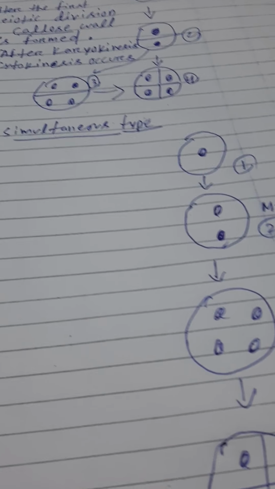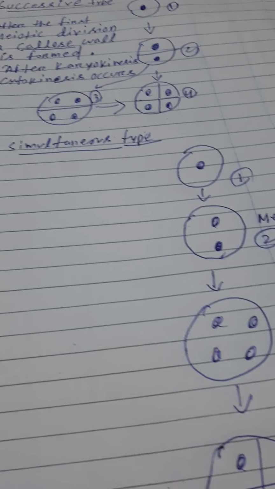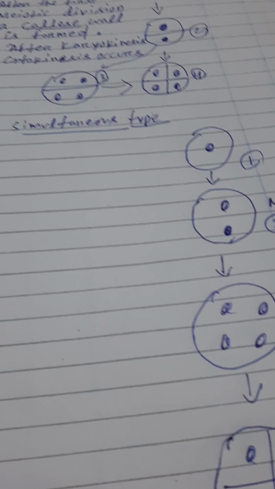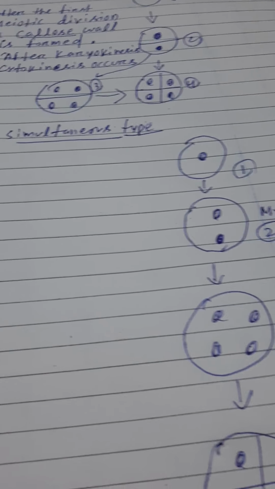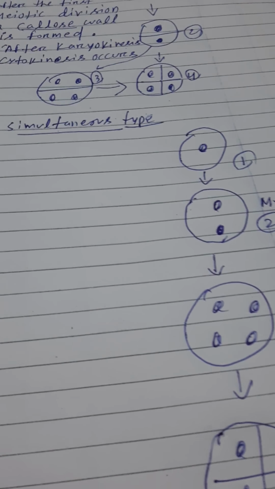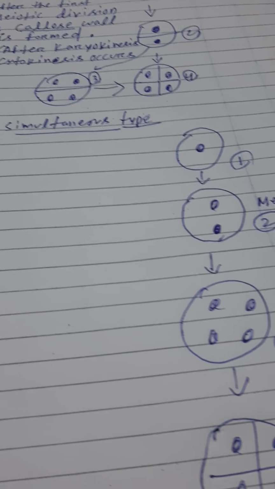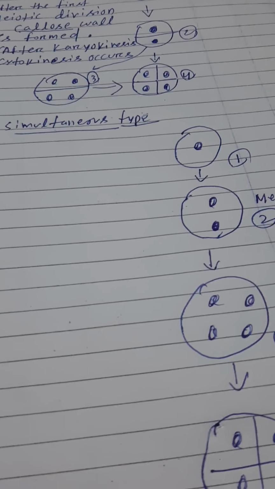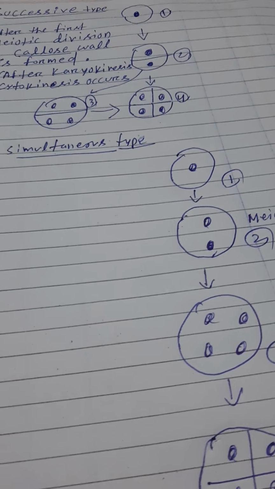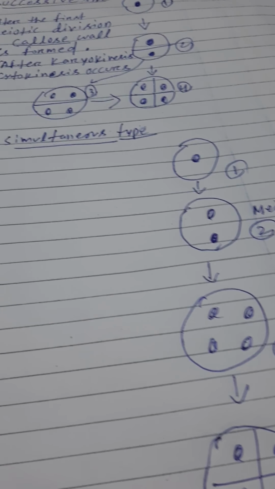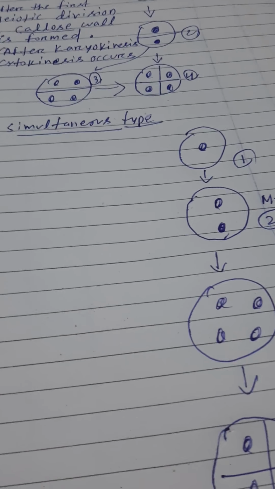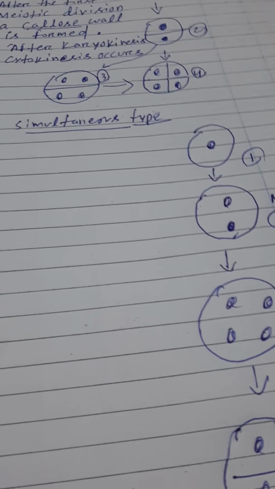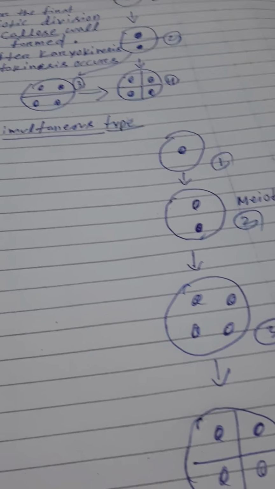And you know how four microspores get formed from one microspore mother cell, because the microspore mother cell undergoes the first meiotic division, which gives rise to two microspores, and those two microspores again undergo meiotic 2 division, which gives rise to 4 microspores.